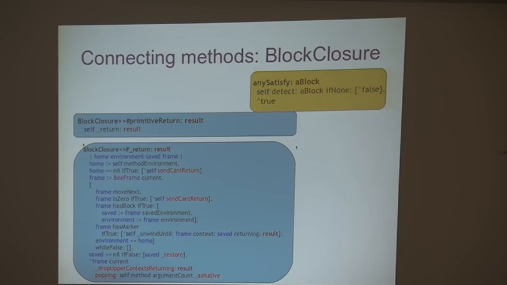So the bytecode return from block gets nativized to something that says send message return, and that's all. We are introducing the minimum amount of assembly as possible.